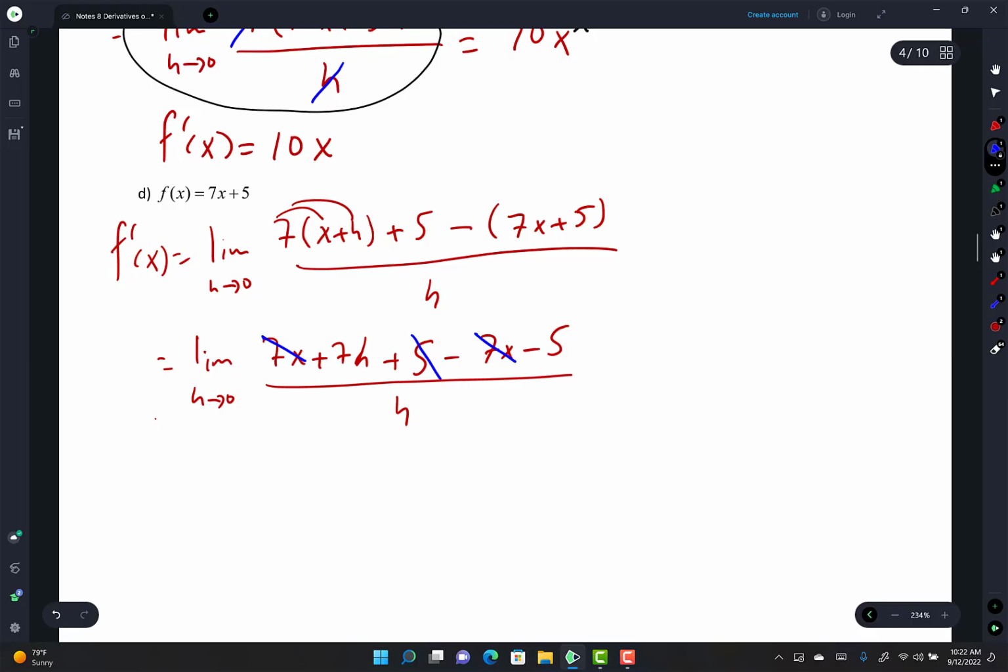Positive 5 and negative 5, 0 out. I have an h. It's 7h over h. Can I cancel out the h's? Look at that. What's the only thing you have left? 7. 7, go to heaven. And there it is.